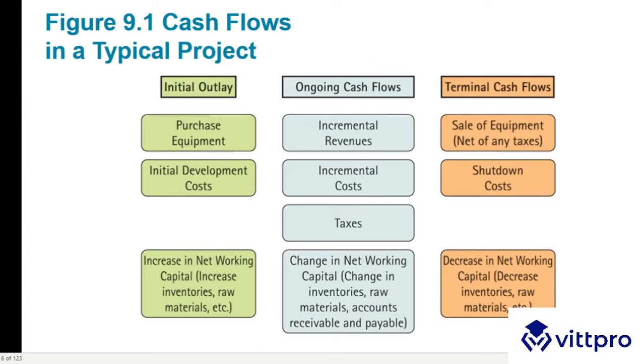Then you have ongoing cost. So whenever you are doing a project analysis, you will always be looking at only the incremental revenues and incremental cost, not the entire cost. Because let's say you buy a new equipment, right? We want to know what is the impact of this expense on the revenues.